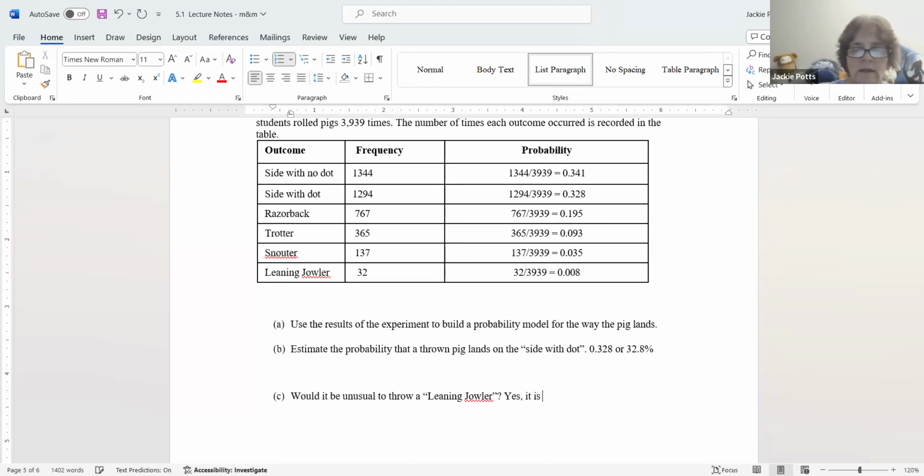Yes, it is unusual for the leaning jowler since the probability of 0.008 is less than 0.05.